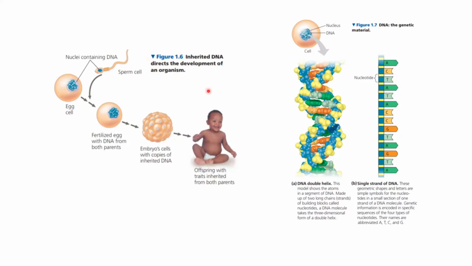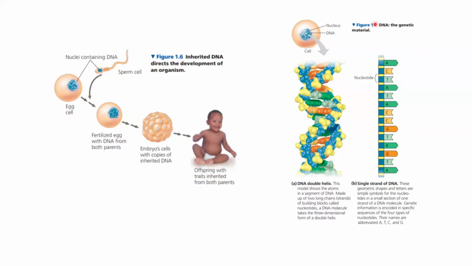As mentioned earlier in the course, it's the full genome, or the genetic material, that gives the instructions to make the organism. That's overall what's being shown here: one single fertilized egg develops into the full offspring, with traits inherited from both parents, mother and father. But all the information to make this offspring is contained in the genetic material.